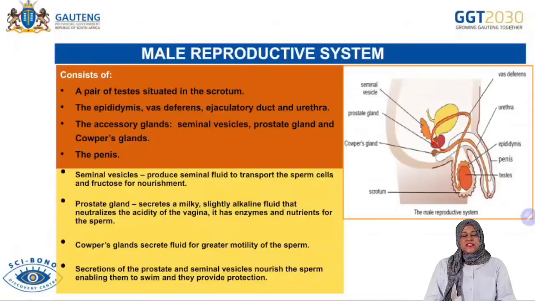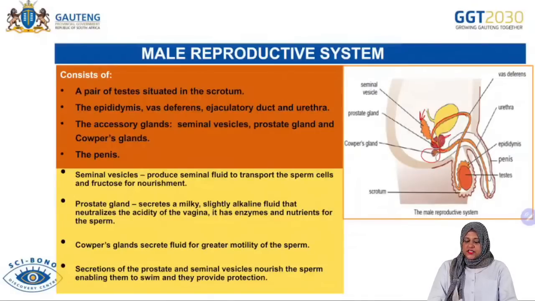Then we have the accessory glands, the seminal vesicle. And we have the prostate gland here, and then Cowper's gland, and then the penis. Now, the seminal vesicles produce seminal fluid to transport sperm cells and fructose for nourishment of the sperm. Then we have the prostate gland that secretes a milky, slightly alkaline fluid that neutralizes the acidity of the vagina, and it has enzymes and nutrients for the sperm.